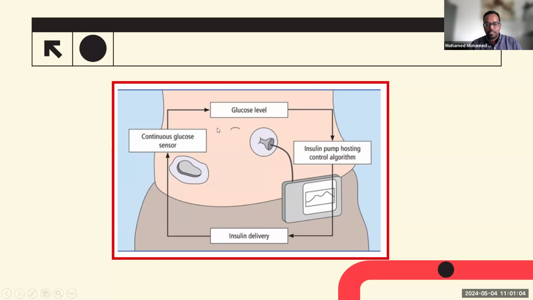So glucose reading, algorithm orders the pump, insulin is delivered, and cycle repeats itself.